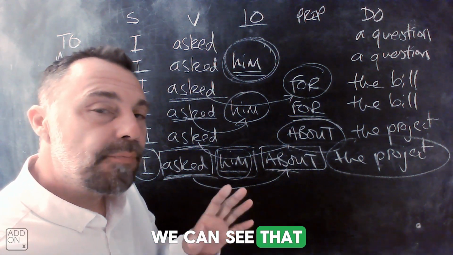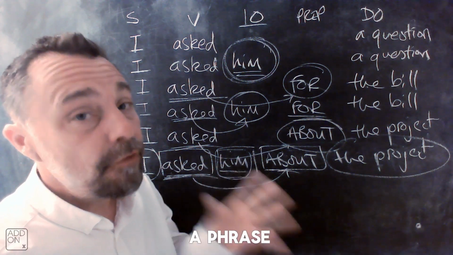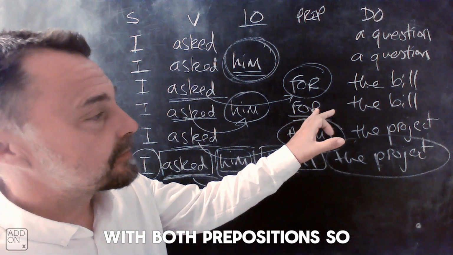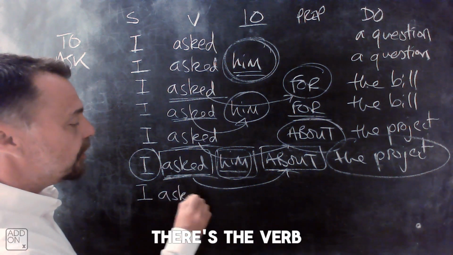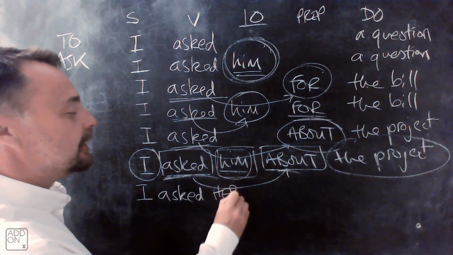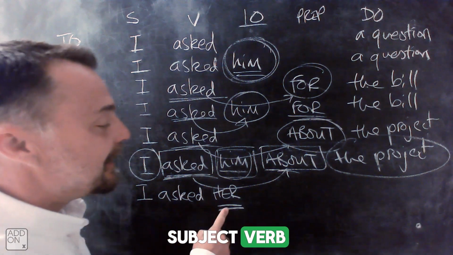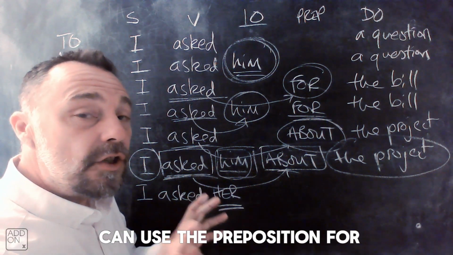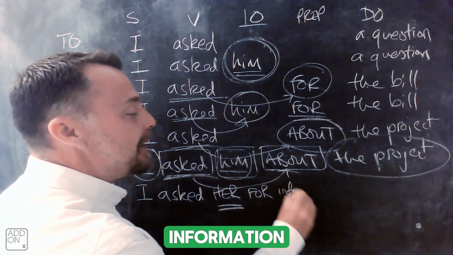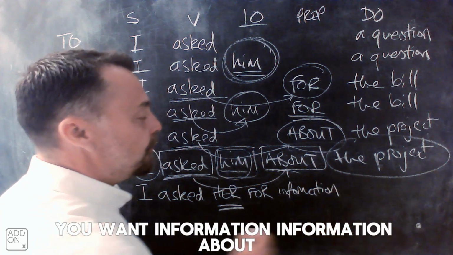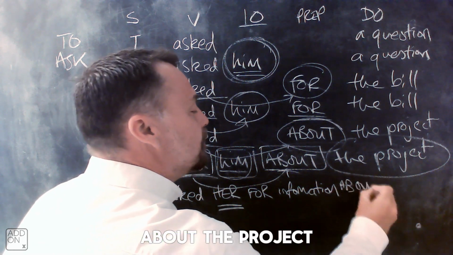We can see that the prepositions are key. And so it is also possible to make a phrase with both prepositions. So for example, subject, I, verb, asked, indirect object, her. Now, we can use the preposition for. I asked her for information. You want information about the project.